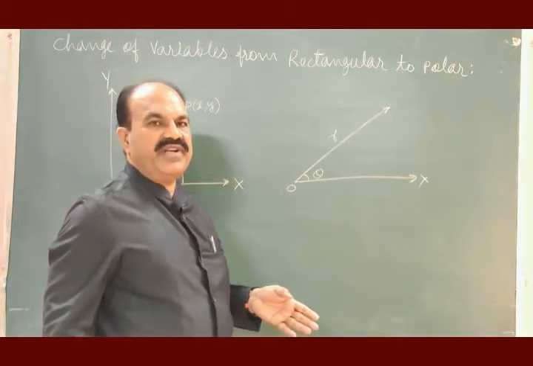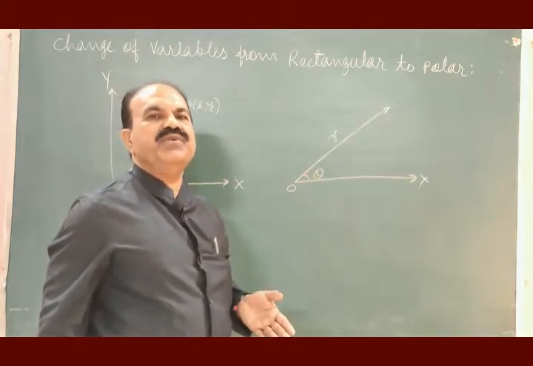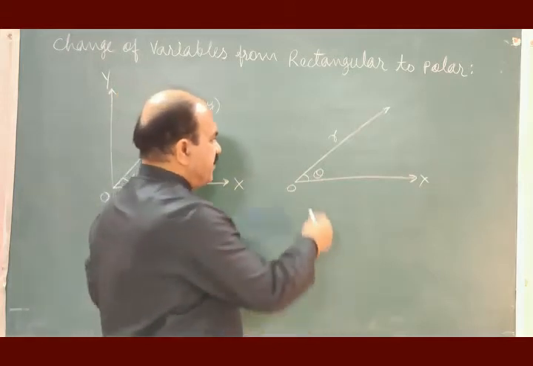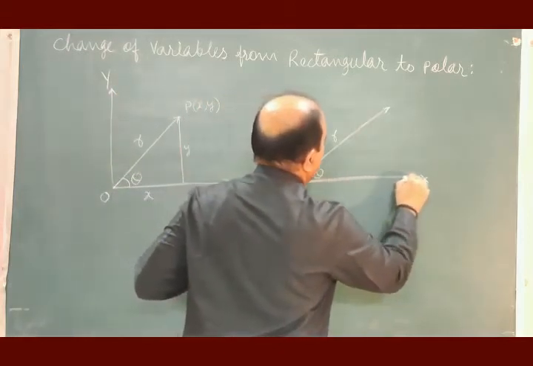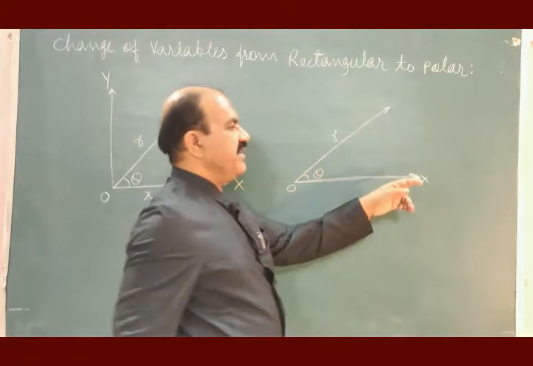Polar coordinate system in 2 dimensions. This is the horizontal reference line x.